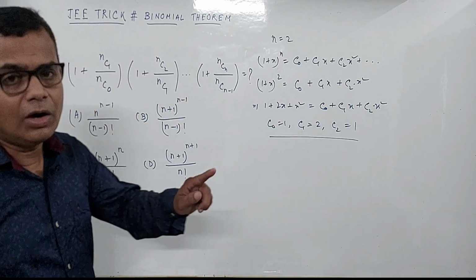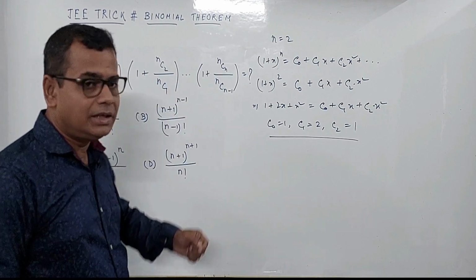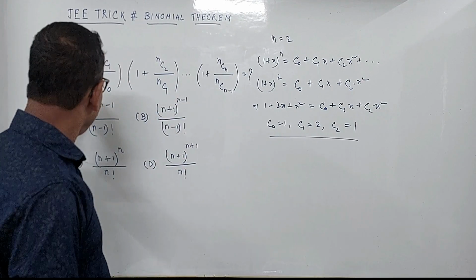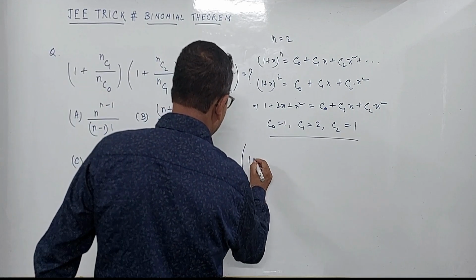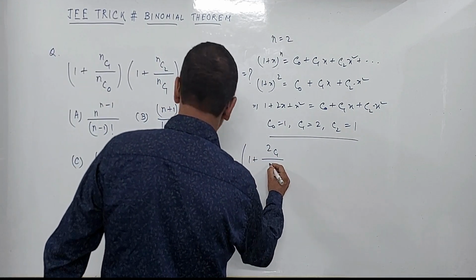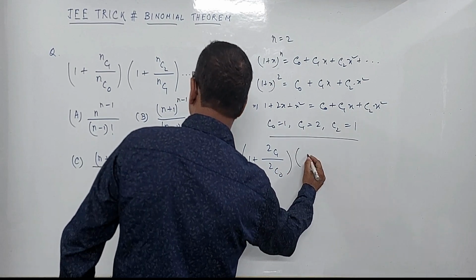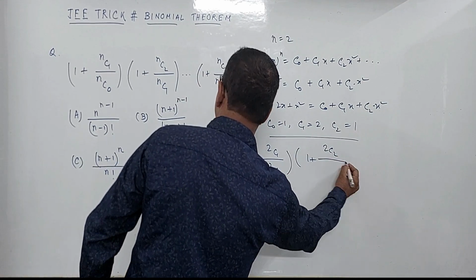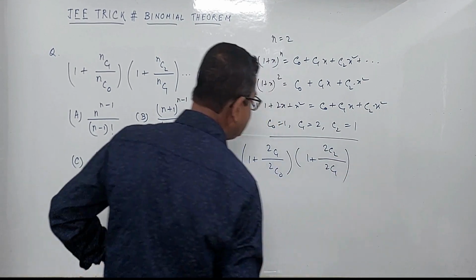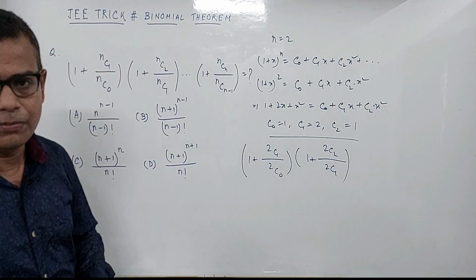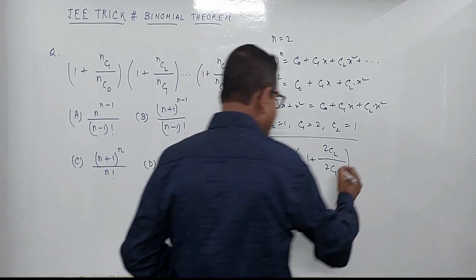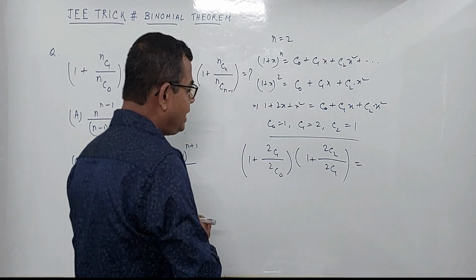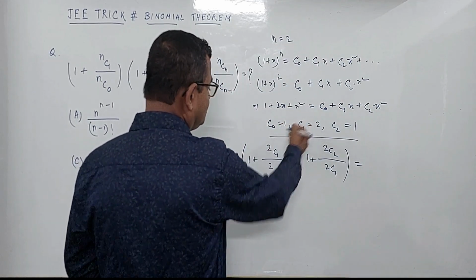Now, for n equal to 2, the expression is 1 plus nC1 by nC0, that is 1 plus 2C1 by 2C0, into 1 plus 2C2 by 2C1. Just two terms for n equal to 2. And we get 2C1, that is the value of c1 we know, 2.